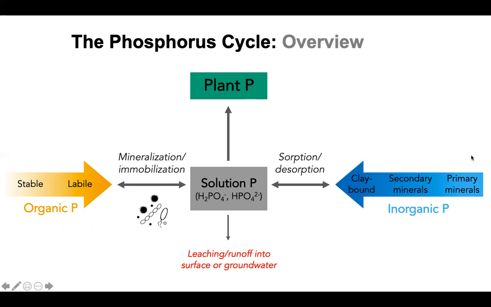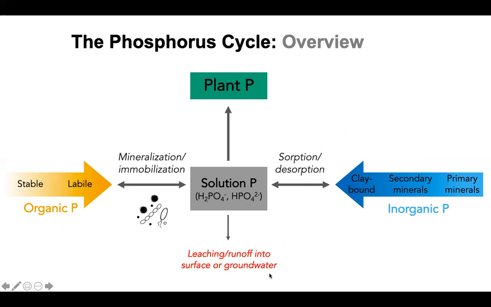Phosphorus can be present in primary minerals, things like apatite, which is a calcium phosphate, and then those minerals dissolve and weather, and eventually we just have phosphate that's stuck to the clays. These have H+ ions on them, and they can get stuck to the clay, and they're in a dynamic equilibrium with solution phosphorus of sorption, desorption.